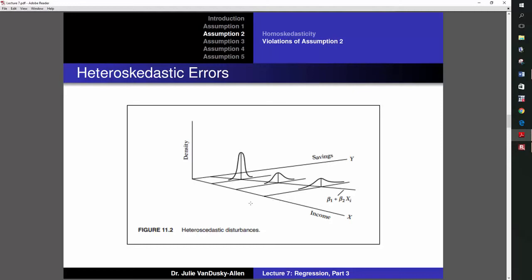On the other hand, the regression model does a poor job at predicting savings when income is high, as illustrated by this flat distribution here. The mean of the errors is higher, and there are a lot of errors that are even higher than this mean, illustrated by the more flat distribution.